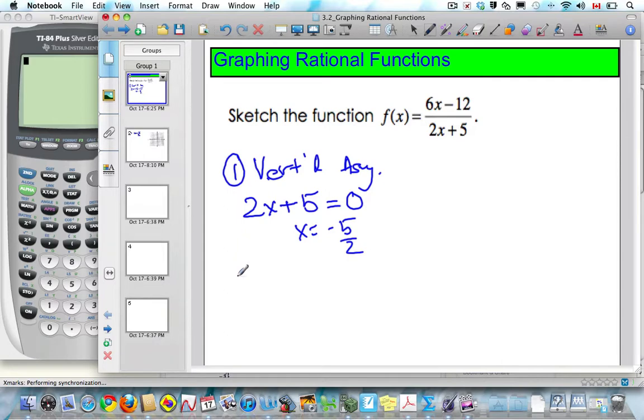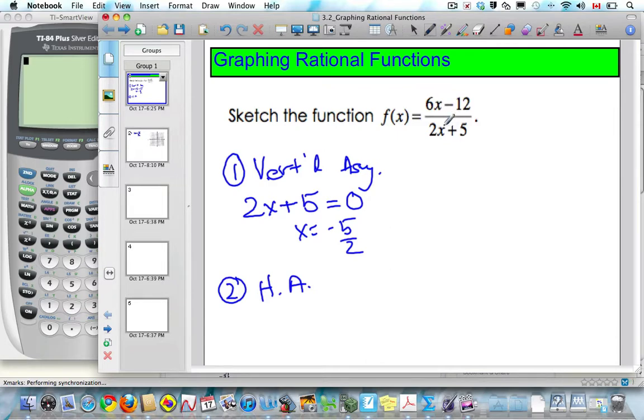The next step that I consider are my horizontal asymptotes. Now, for what we study, we consider two different scenarios. We look at the degree of the numerator, and the degree is the largest exponent of the x, and the degree of the denominator.